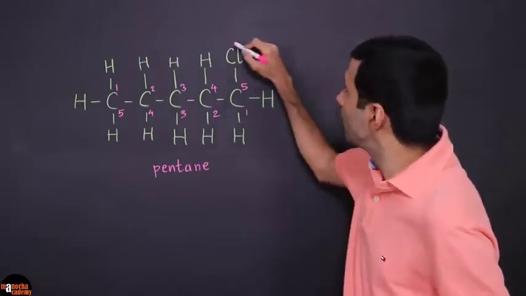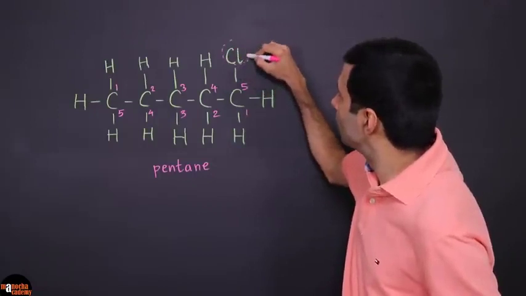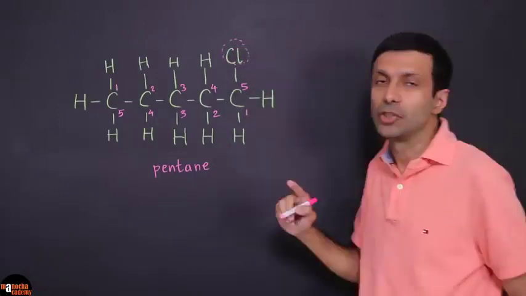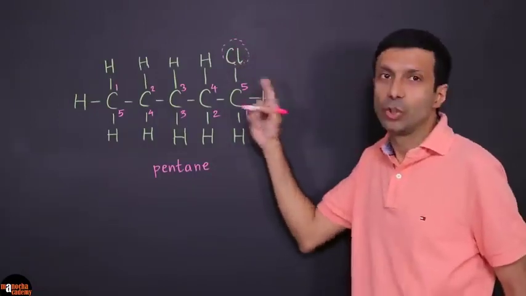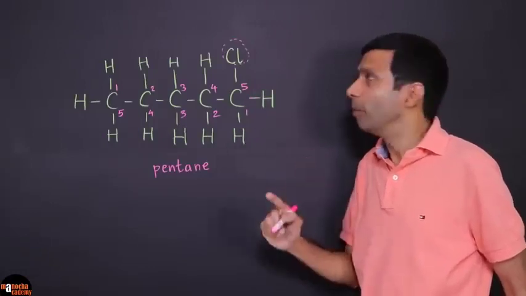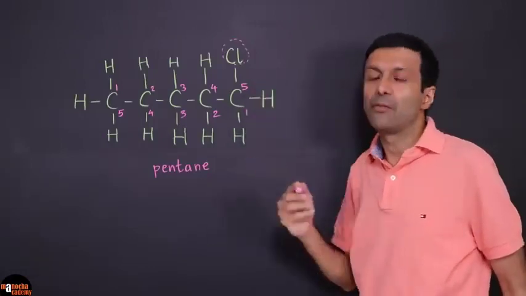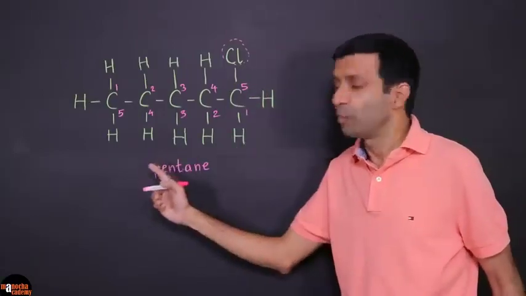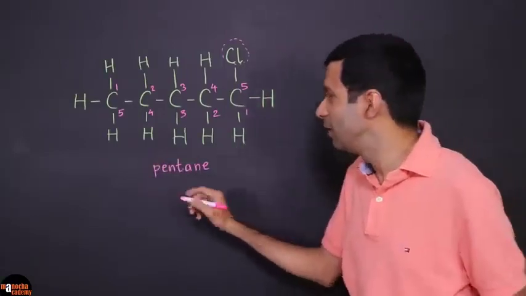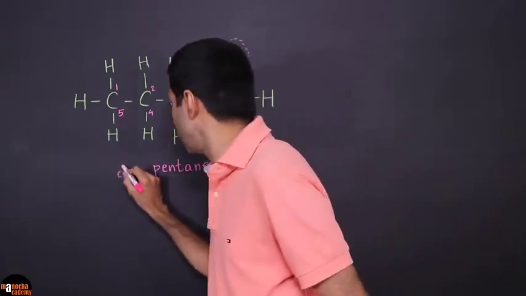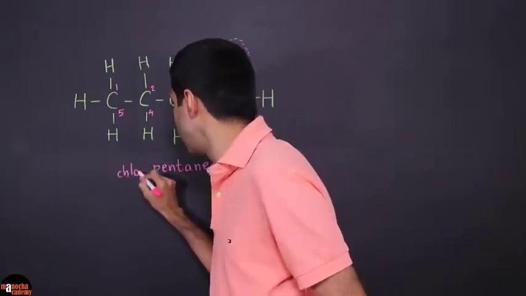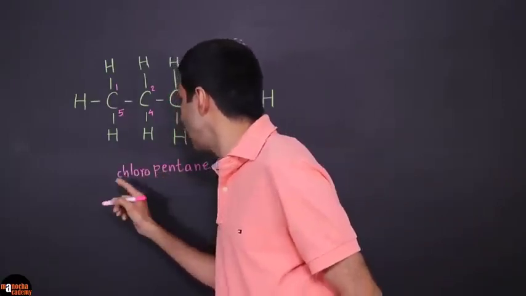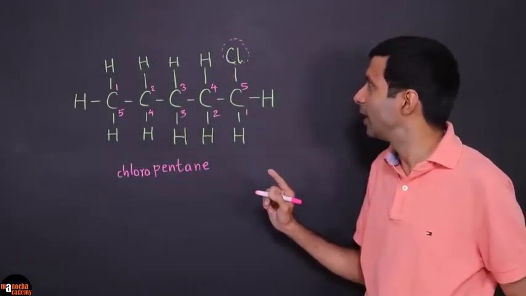Now this chlorine is a halogen. And so that's our functional group here. And remember, for halogens and for the alkyls that we had done, the name goes in the prefix. So it's going to be a chloropentane. Not chlorine pentane, it's chloropentane. So that's the way the IUPAC name is done.